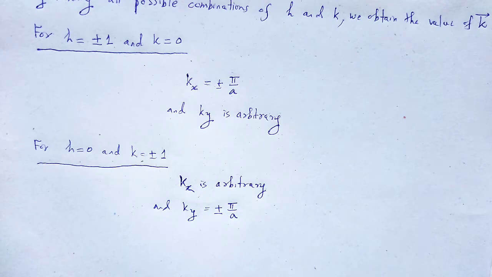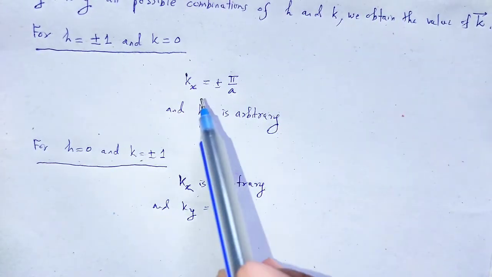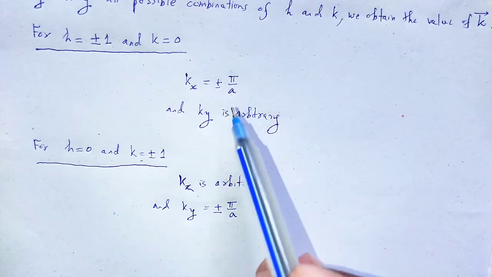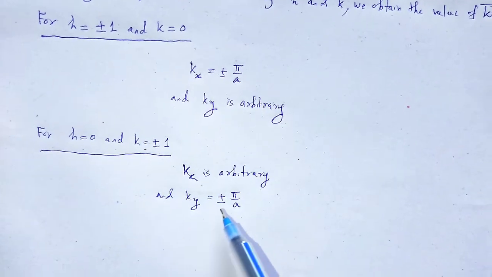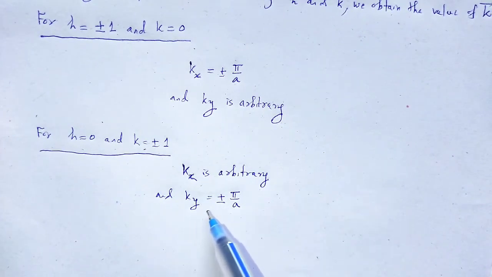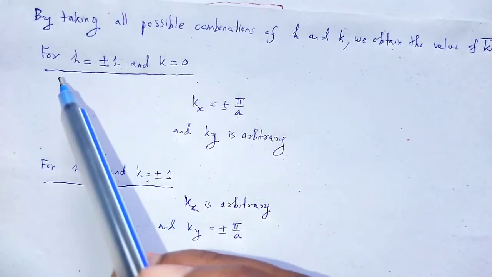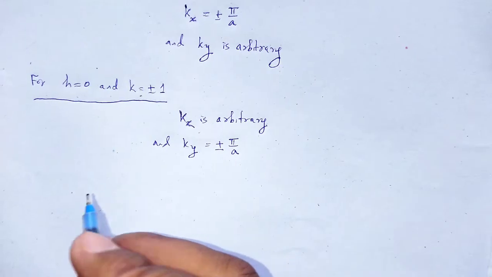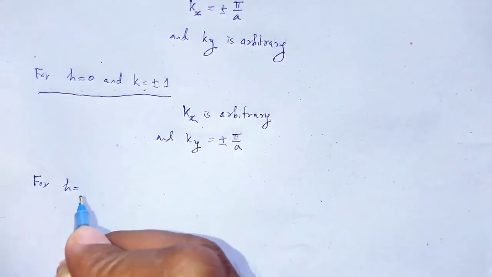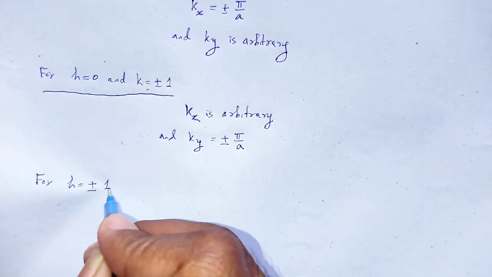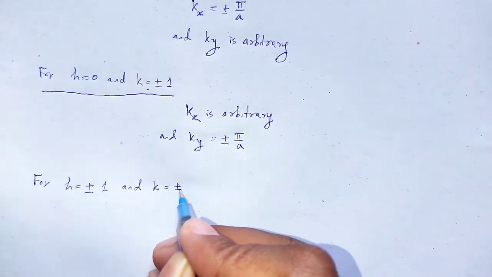Means the graph of these 4 lines is at pi by a and minus pi by a in the x section, and plus pi by a and minus pi by a in the y section. Another situation may occur for h equal to plus minus 1 and k equal to plus minus 1.